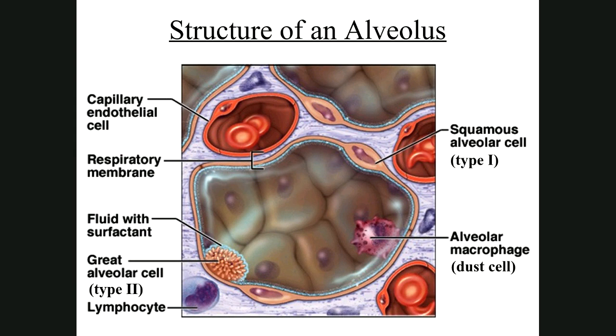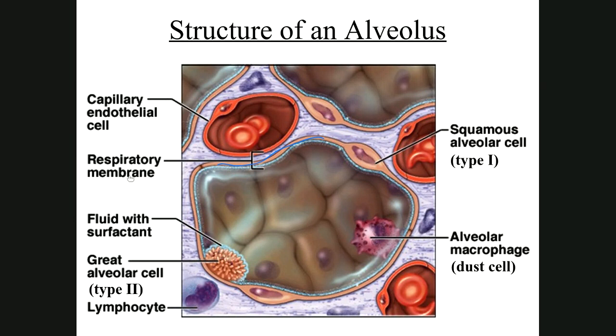It's known as the type 1 alveolar cell. See how the type 1 alveolar cell is part of what's called the respiratory membrane.